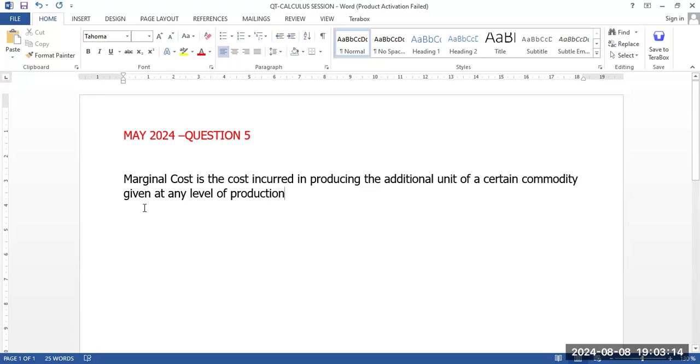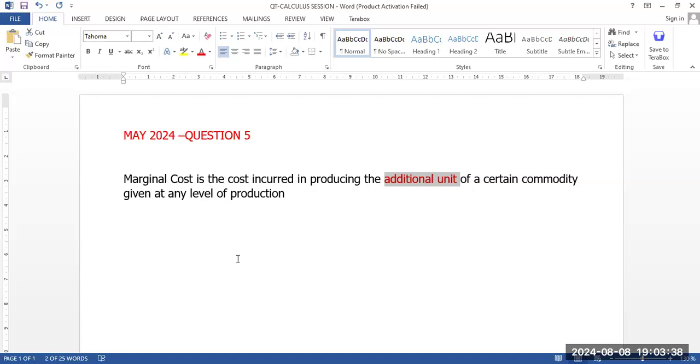When you hear the word marginal cost, this is basically the cost you're going to incur in producing the additional unit. If you used, let's say, 100 bags previously, the costs you incurred to produce those 100 bags are not marginal cost.